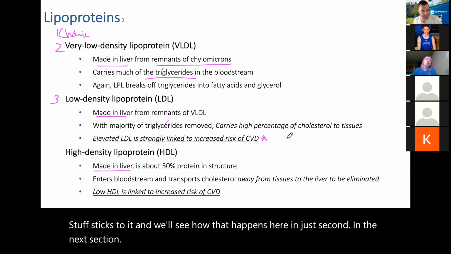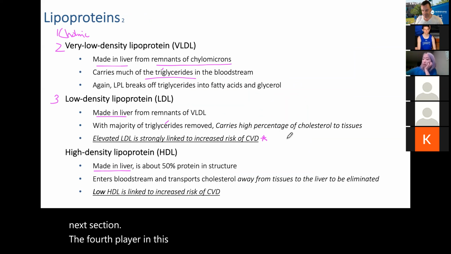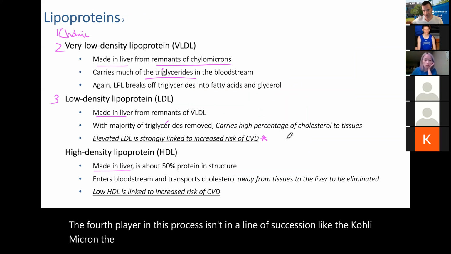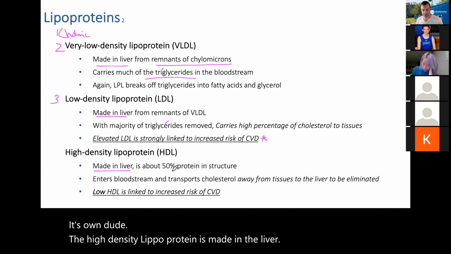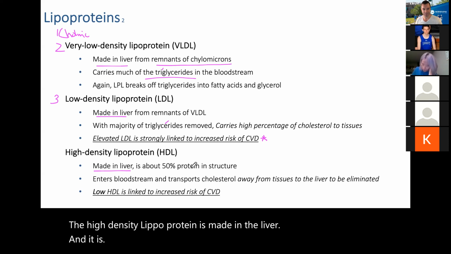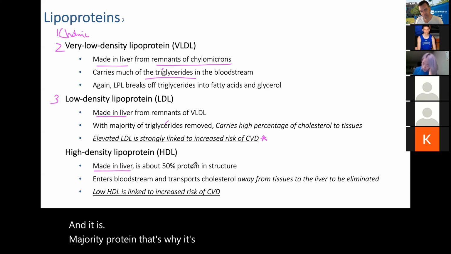The fourth player in this process isn't in a line of succession, like the chylomicron, the VLDL, the LDL. It's its own dude. The high density lipoprotein is made in the liver, and it is majority protein. That's why it's high density. Okay?